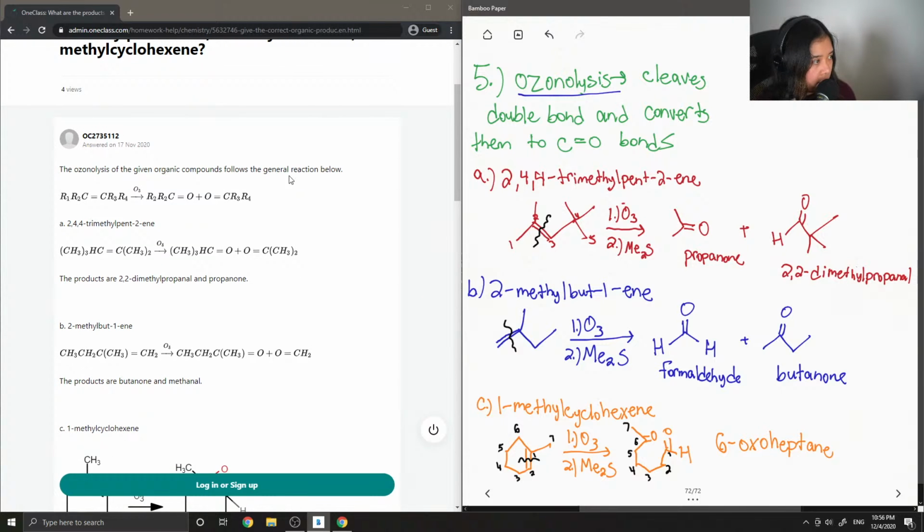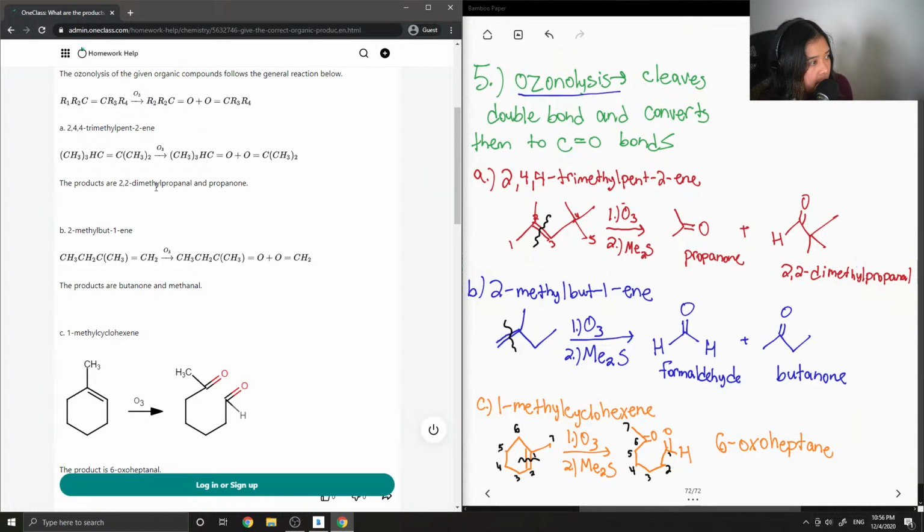Okay, so the junior tutor said, ozonolysis of the given organic compounds follows the general reaction below. So it shows that the double bond breaks and there is now an oxygen in its place. Their first products, they got 2,2-dimethylpropanal and propanone.